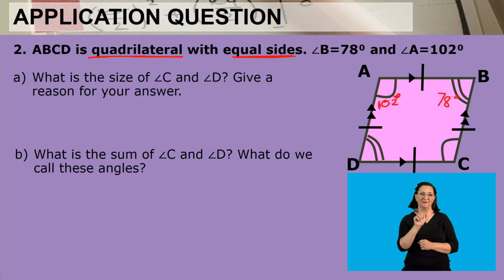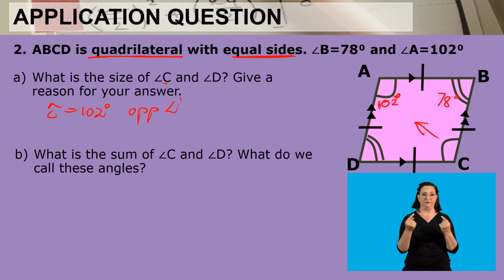Question A, what is the size of angle C? Let's look at angle C. Angle C is opposite angle A, which is 102 degrees. Therefore, angle C equals 102 degrees. And the reason for that is that opposite angles of a rhombus are equal.